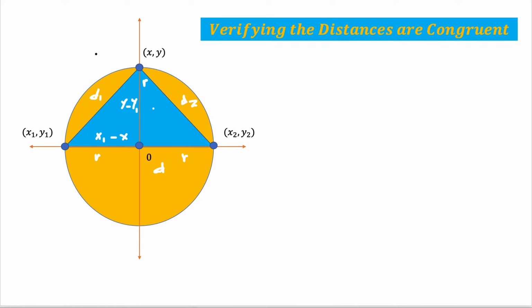And if we are looking at the second triangle, here, the distance in the x coordinates is x2 minus x, and the y coordinate is y minus y2.